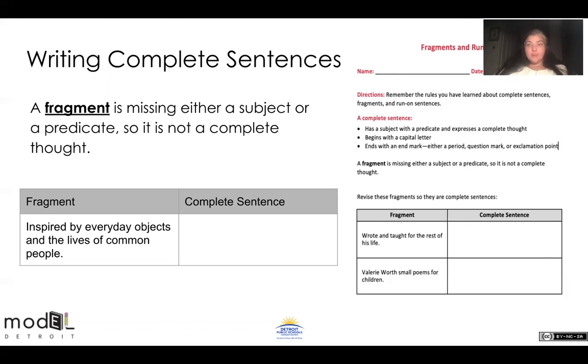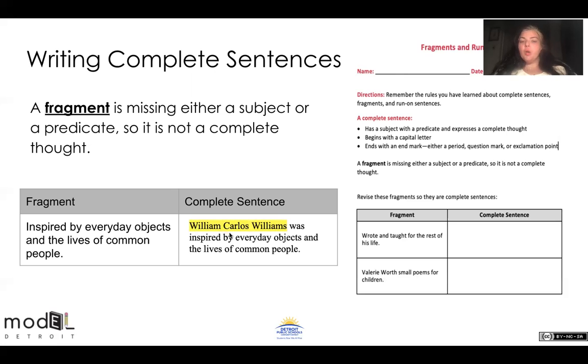Now, this is a poet that we have talked about quite a bit. And actually, it was a poet, our poet from our biography that we read, A River of Words. And yes, you guessed it, that poet is William Carlos Williams. So all I need to do to make this a complete sentence is add William Carlos Williams was inspired.